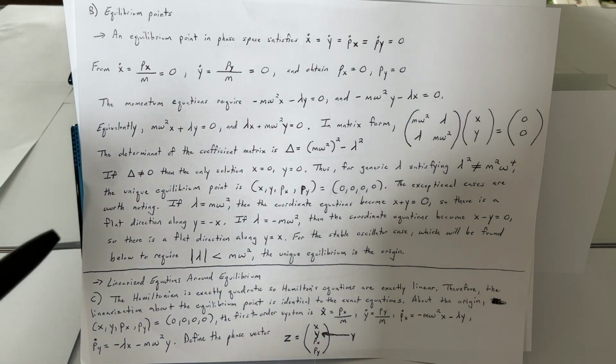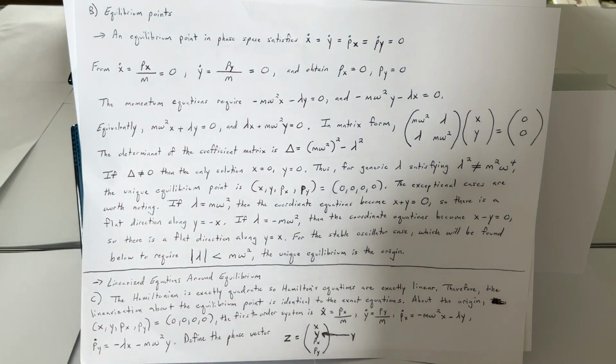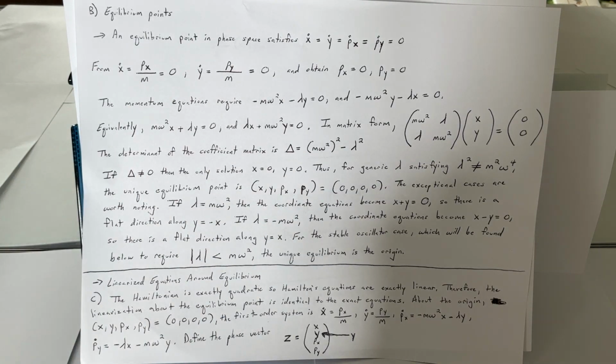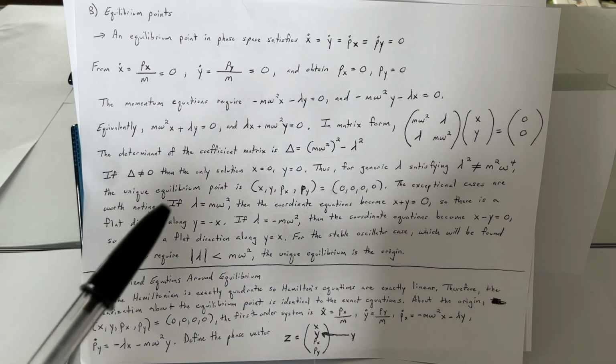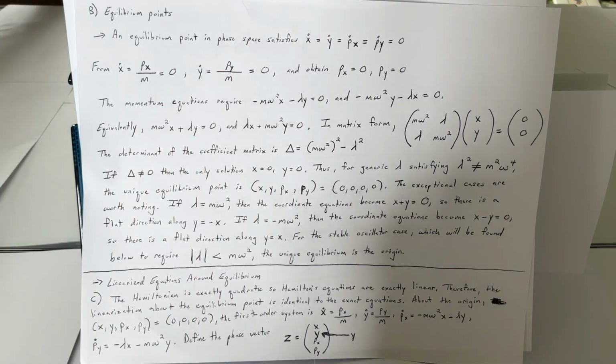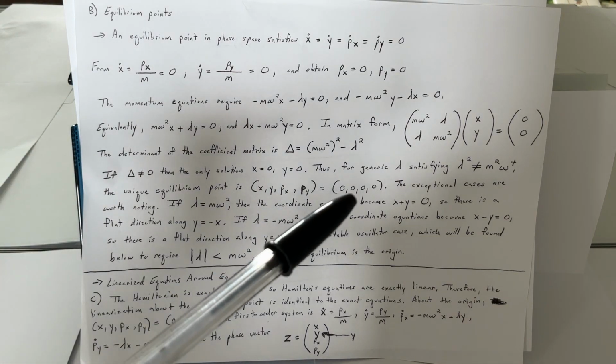If lambda does not equal 0, then the only solution is x equals 0, y equals 0. So for generic lambda, satisfying lambda squared not equal to m squared omega to the fourth, the unique equilibrium point is x, y, p_x, p_y, which is just 0, 0, 0, 0.